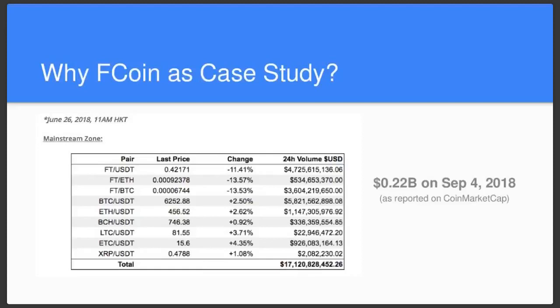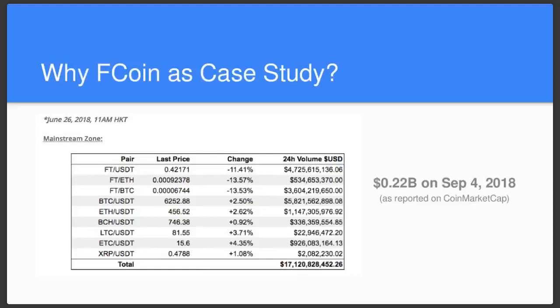For people who are not familiar with the exchange business, the rest of all exchanges combined have a daily trading volume of only about $6 to $7 billion. You can do the math on how sensational the performance of FCoin was 2 weeks after launching the program.